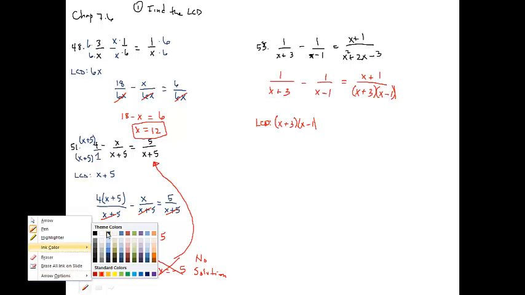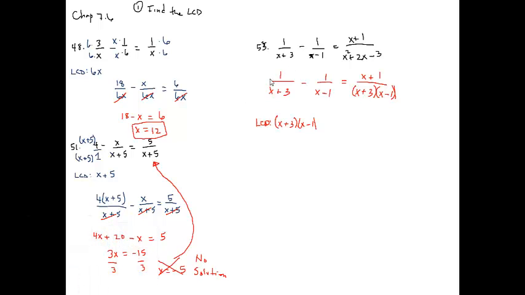So what do you need to do to the first term in order to have the LCD in your denominator? You multiply top and bottom by x minus 1. X minus 1. What do you need to do to the second? Multiply by x plus 3. I know it's getting messy.